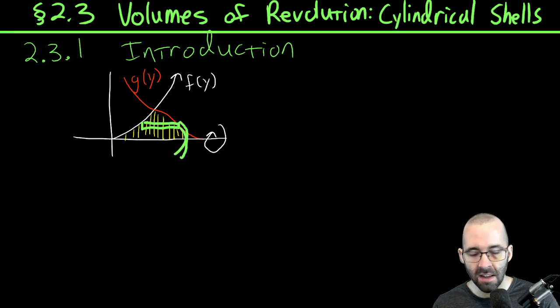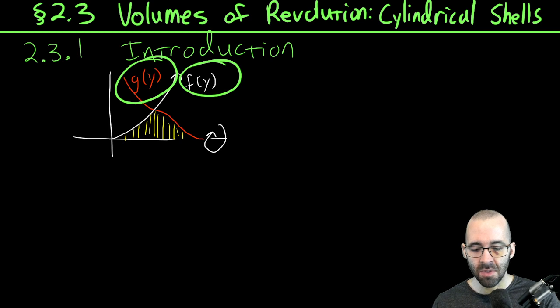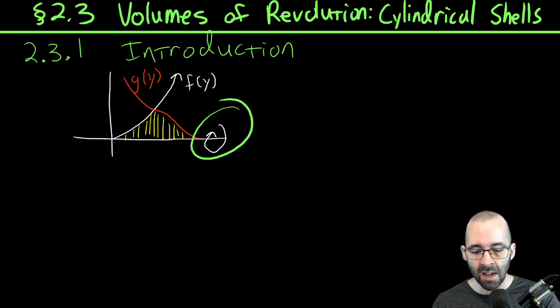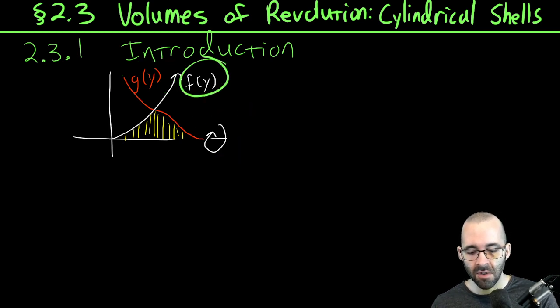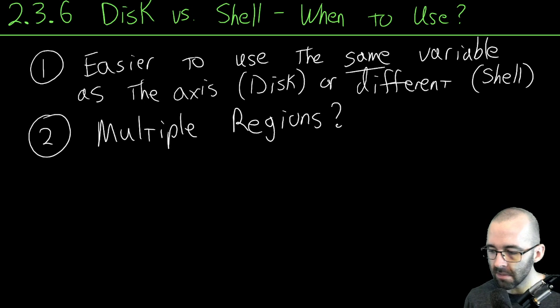And then we get this shell like that. Okay, so shell method is going to be nicer here. And that's one of the things with multiple regions. And again, to put the first question back at you, we already have these in terms of y, and we're rotating it about the x-axis. So that's another thing that makes it nicer to set things up with the shell method.